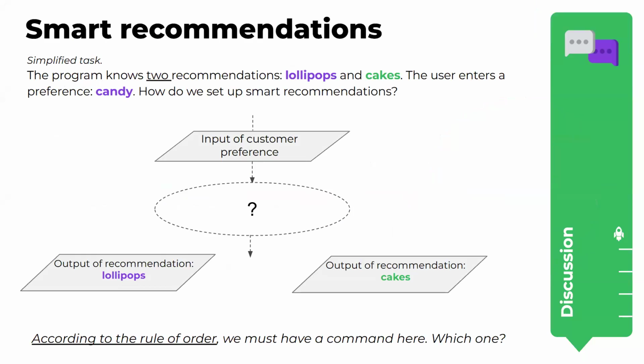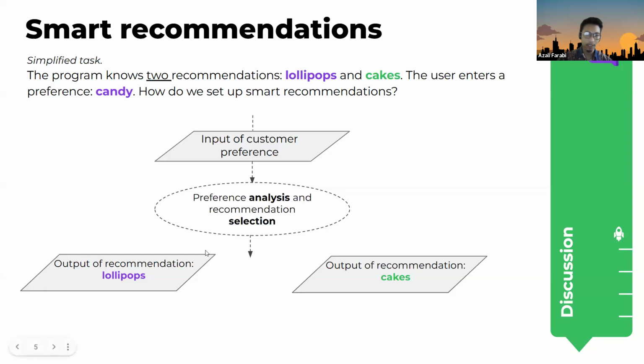If the user enters a preference like candy, our program will know what the recommendation should be. This is what we call a flow chart.